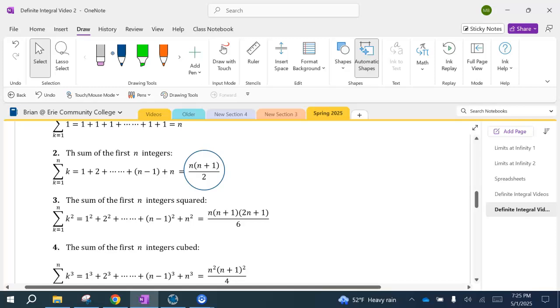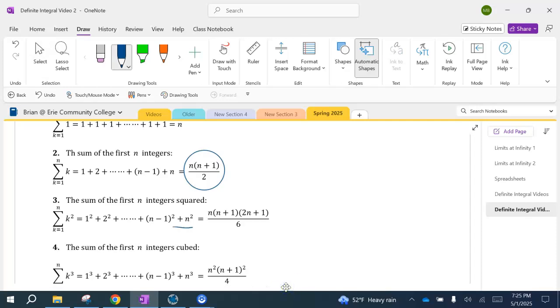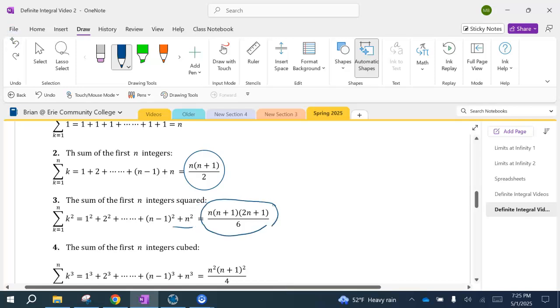All right, if you add the sum of the first n integers squared, 1 squared plus 2 squared plus 3 squared up to whatever value we're talking about, it turns out that that adds up to a nice formula also. n times n plus 1 times 2n plus 1, all divided by 6.